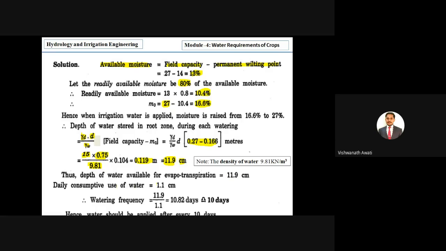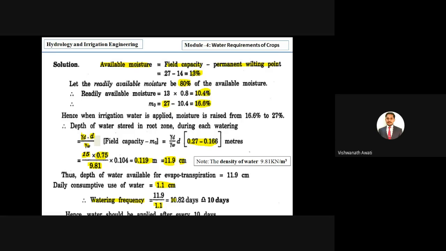The daily consumptive use of water is given as 11 mm, which in centimeter is 1.1. So the frequency of irrigation is equal to dW, the depth of water in each watering, calculated in centimeter, 11.9 centimeter divided by the consumptive use of water 1.1.